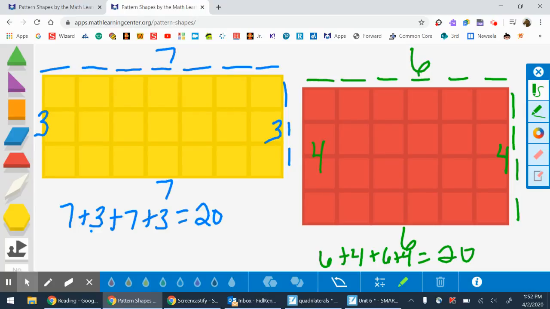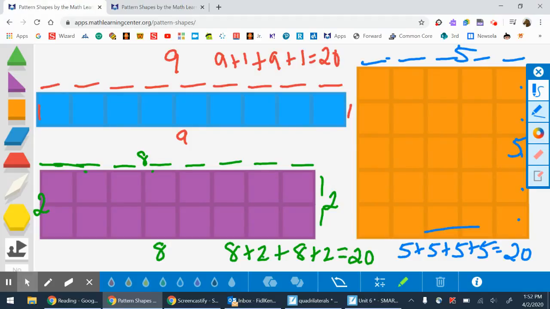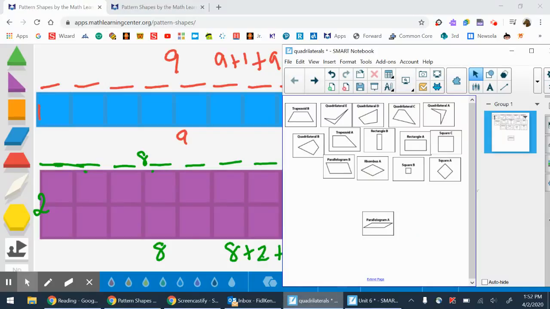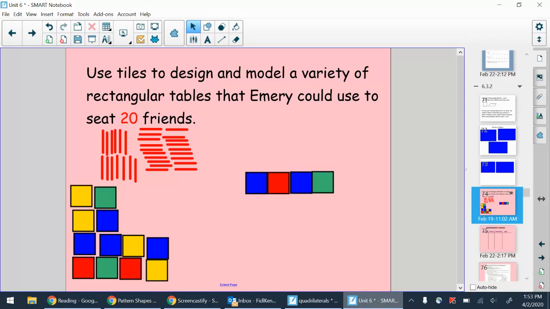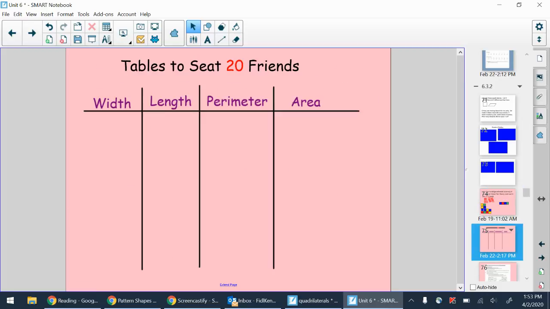Now one thing that I'm hoping you're noticing is that even though all of these rectangles have the same perimeter, they have very different areas. So we're going to take a moment to look at that. If I go back to this document, I have a chart here. It looks like a ratio table, but it's more of an organizational chart.